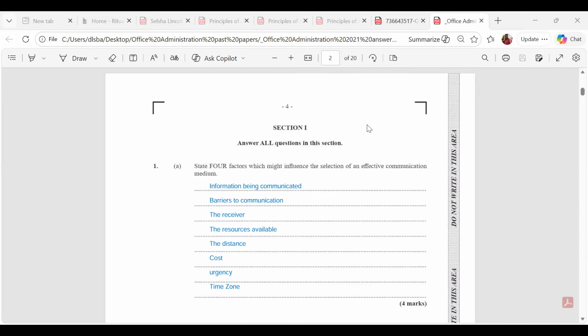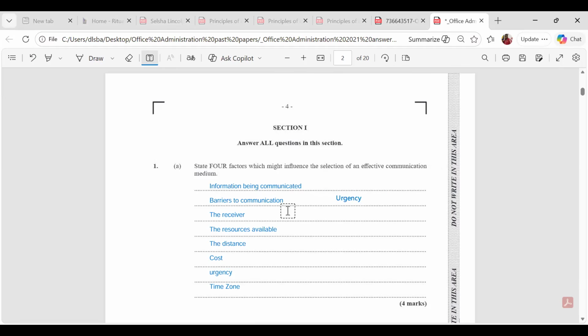When I put barriers to communication, that would include language. I have urgency there already. If it's confidential, the distance, time zone, barriers to communication, the resources available.